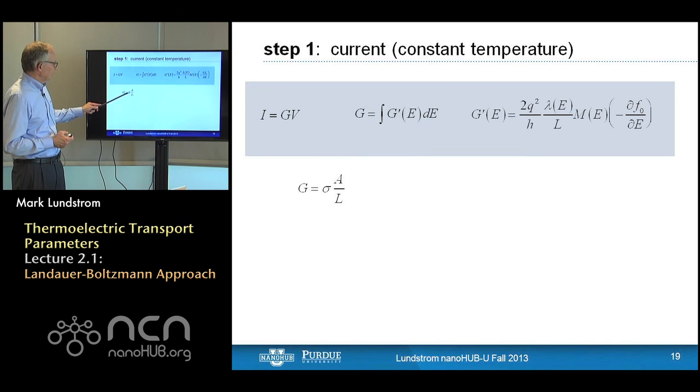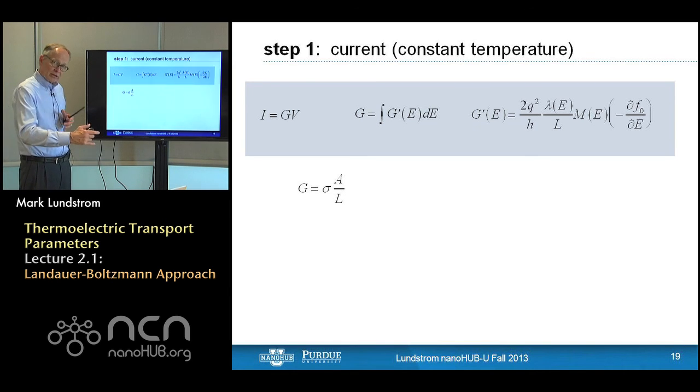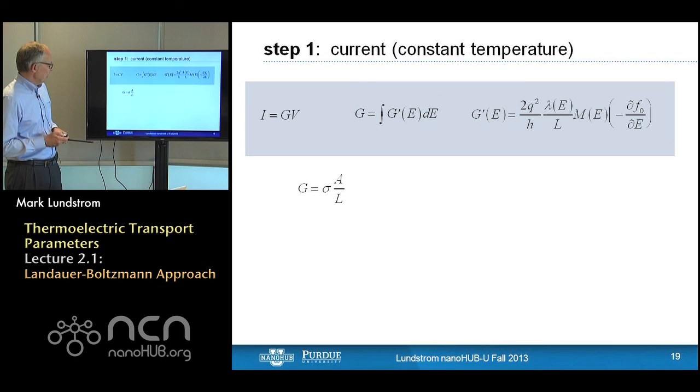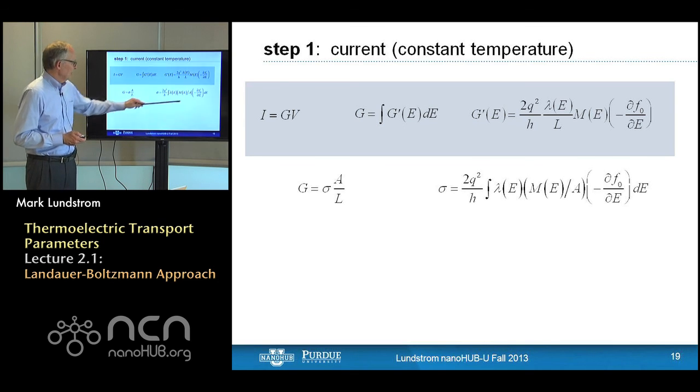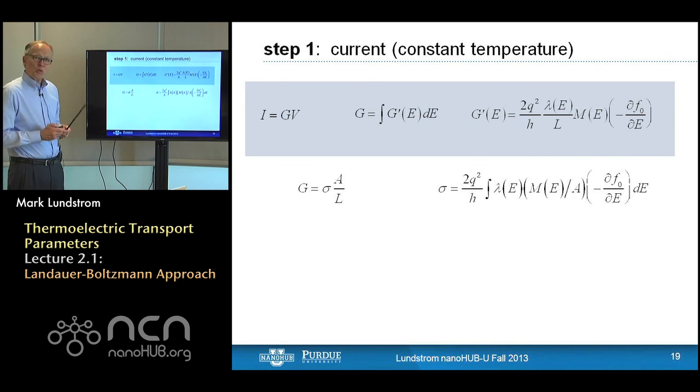The conductance is conductivity times the area of the resistor divided by the length of the resistor. The fatter it is, the more the conductance, the longer it is, the less the conductance. So we can use that to re-express this term G in terms of conductivity, and now we get to one of the 4 transport coefficients that we're after.